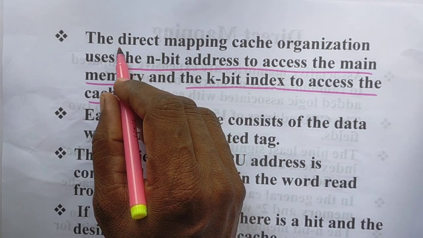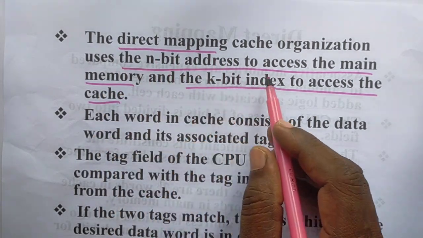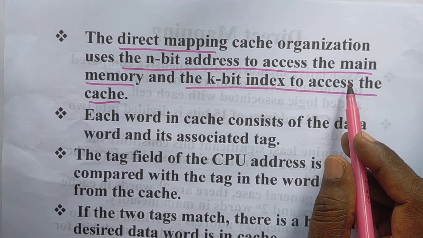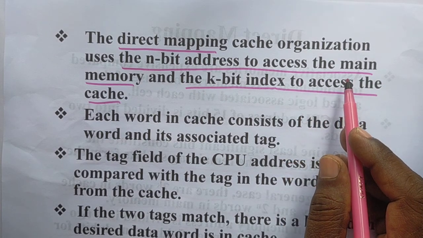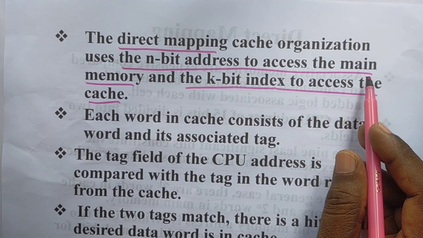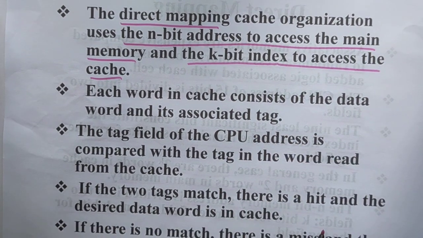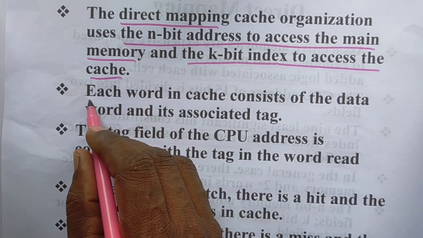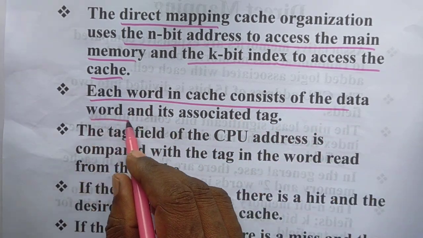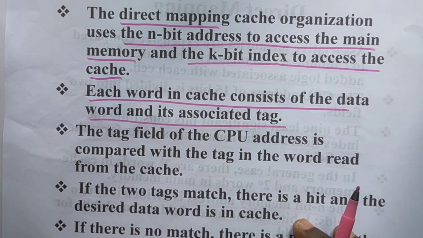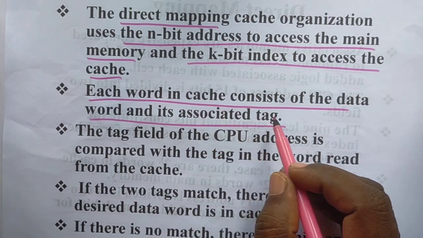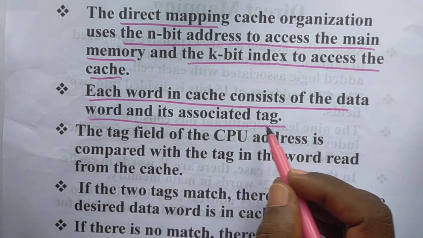Each word in the cache consists of the data word and its corresponding associated tag. So whenever you design the word, it is available in cache and consists of the word and its corresponding tag.